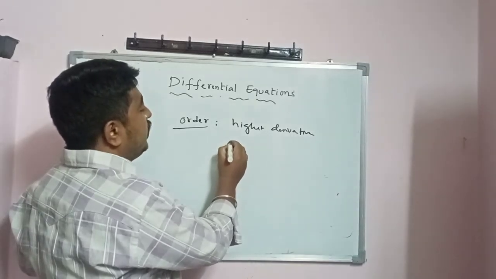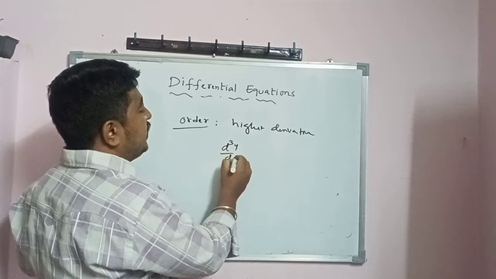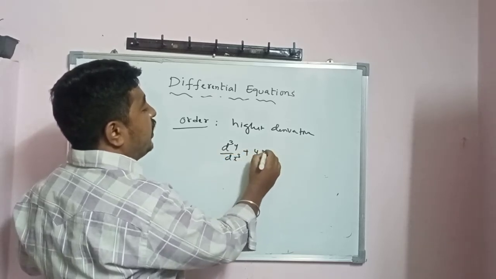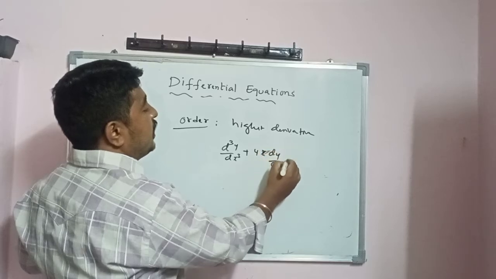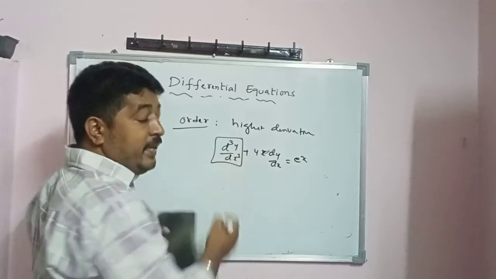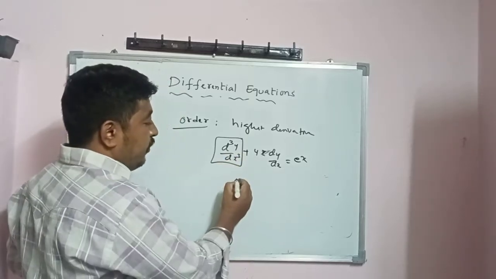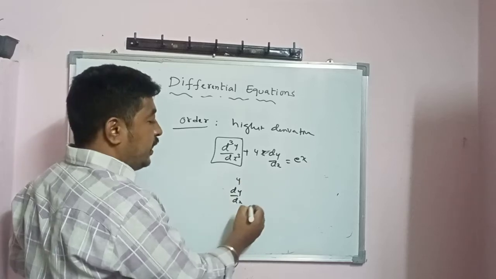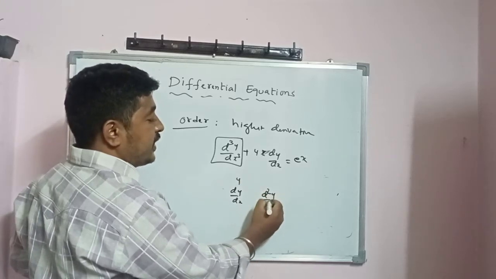So here, d cube y by dx cube plus 4x dy by dx. Observe here, for d cube y by dx cube, first we take y, the first derivative is dy by dx. Again we take the derivative, d square y by dx square.